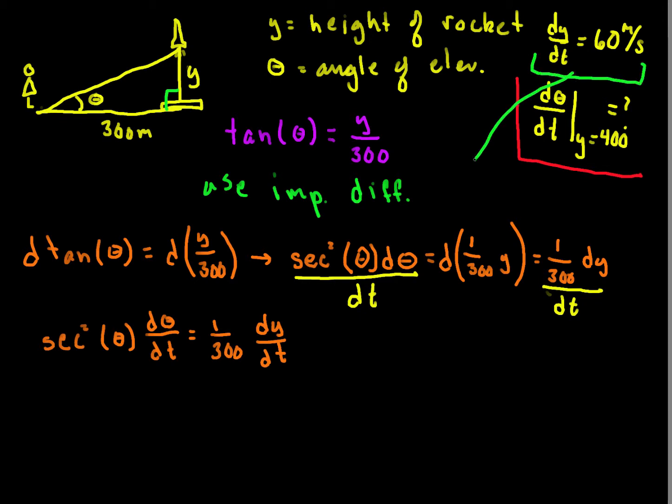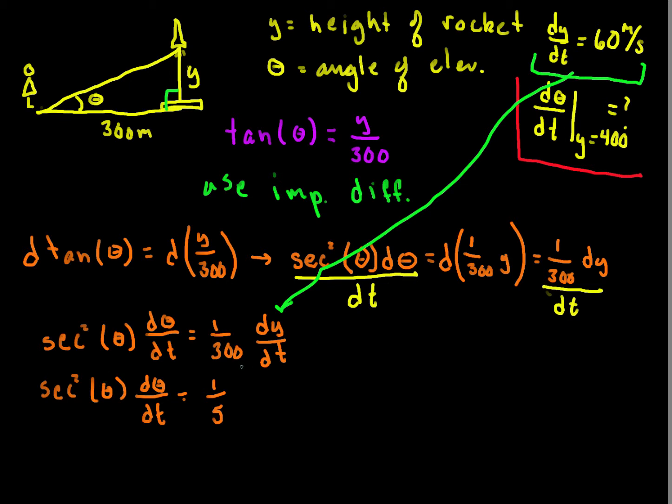So dy dt comes right here, giving us secant squared of theta d theta dt, and since dy dt is 60 and 60 over 300 is 1/5, finally I can divide both sides by secant squared.